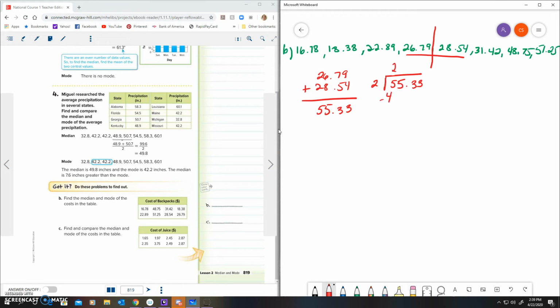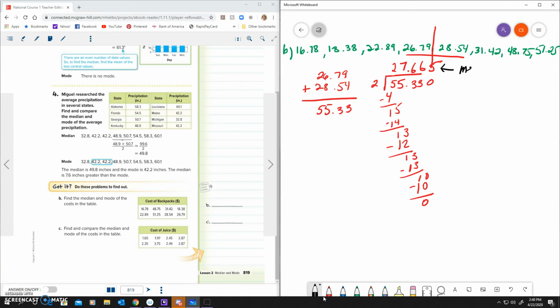So 2, 4, we subtract 15, 7, 14, bring down the 3. Make sure you put your decimal up above. That's going to be 6, 12, and 6 again, 13. We got a 1 left over here. And then we can annex a 0 just to see if we can get another number. So that's going to be a 5, 10, and we get 0 left over. So this right here is our median.